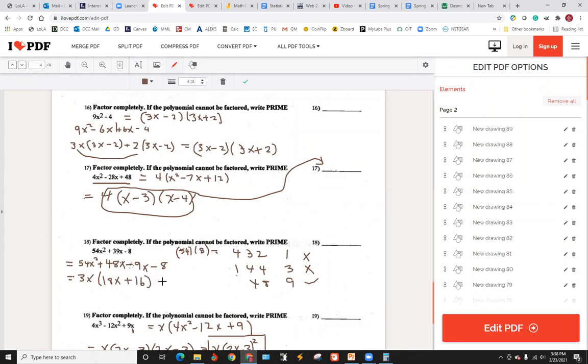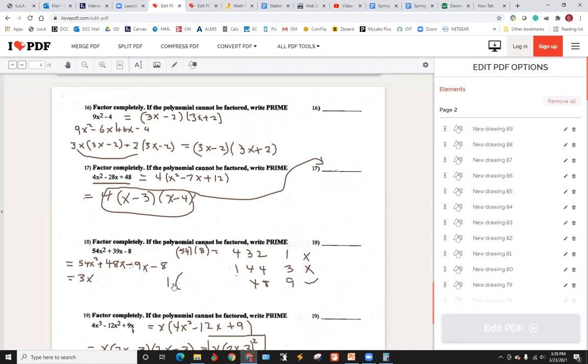Bring down that sign. And the only thing that's common here between 9 and 8 is just a 1. That's still going to be right, but I'll come back.